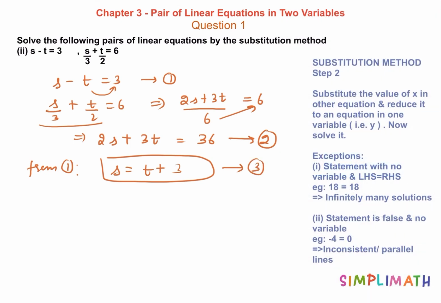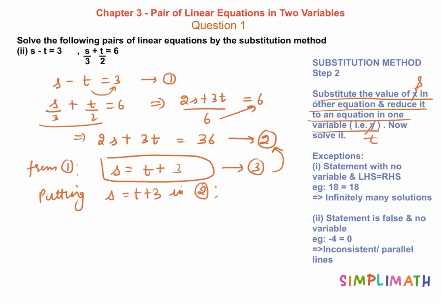Now step 2 of substitution method says to substitute the value of s in the other equation and reduce it to an equation in the other variable, that is an equation in terms of t. So putting s equals t plus 3 in equation number 2, we have 2 into t plus 3 plus 3t equals 36.